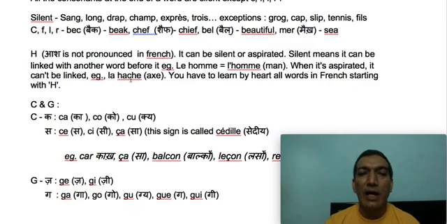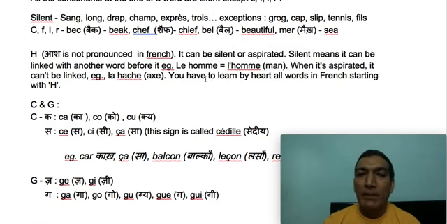Example: la hache. Hache means axe. So la is like le but feminine, so it is a definite article for feminine words, because hache is a feminine word. Here you cannot link it, like la hache, lash. So la hache remains separated.